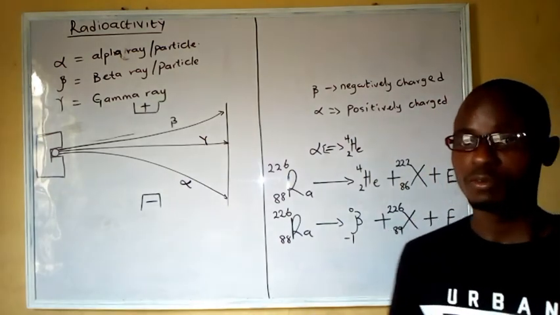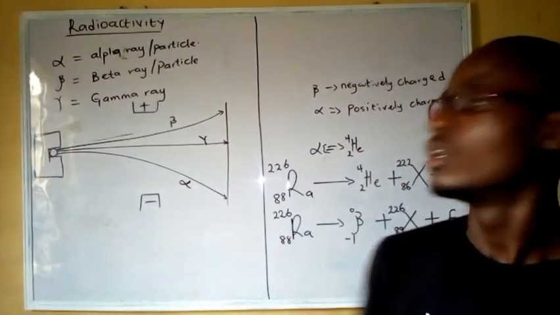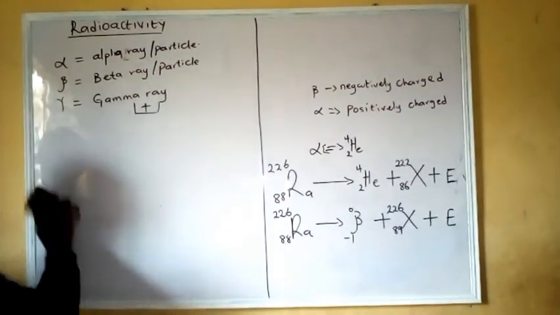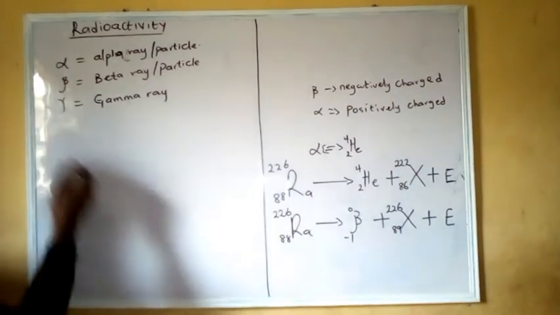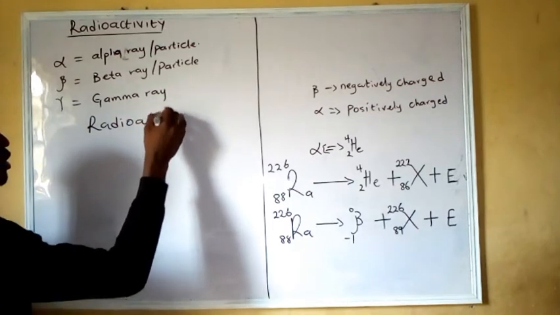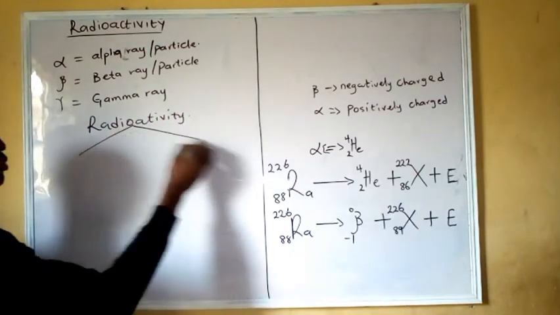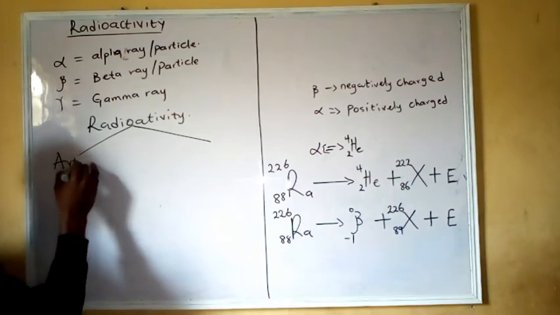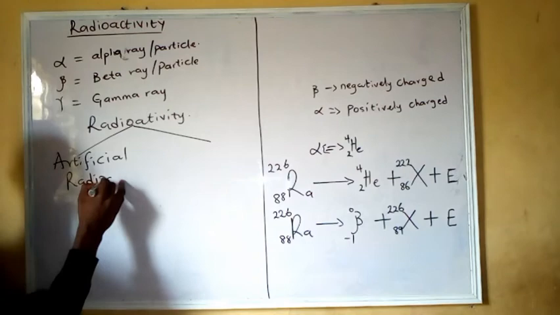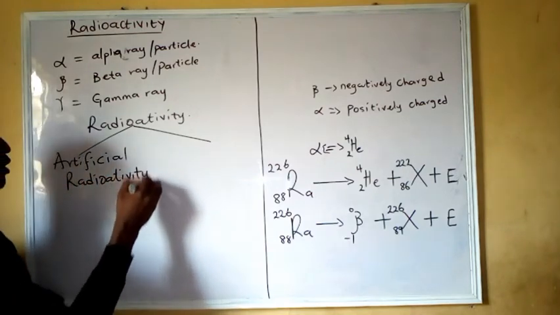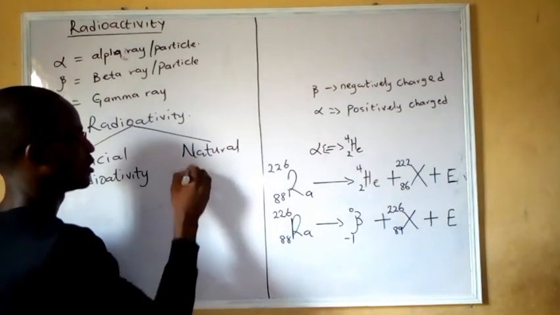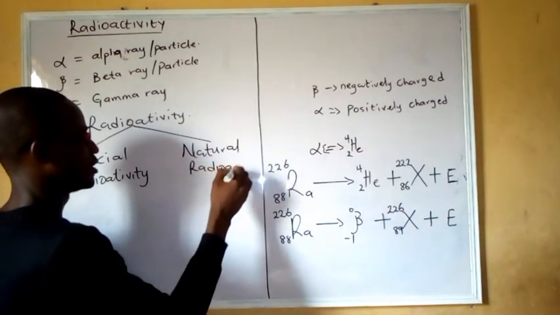So radioactivity is divided into two types: we have artificial radioactivity, and we have natural radioactivity.